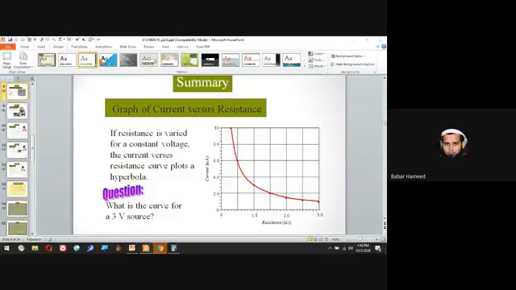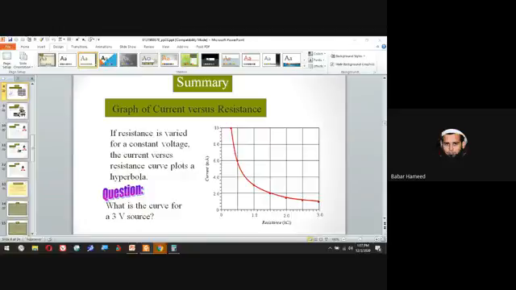What about if we have 10 volt, V is equal to 10 volt, and resistance is varying from 10 ohm to 100 ohm? What will be the graph of current?